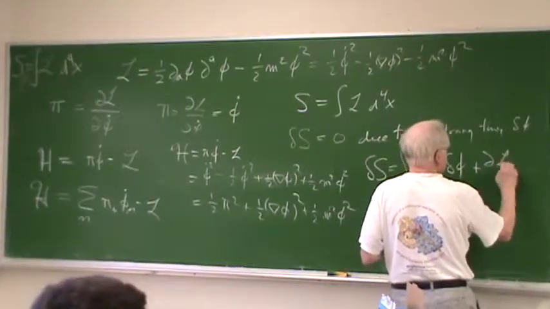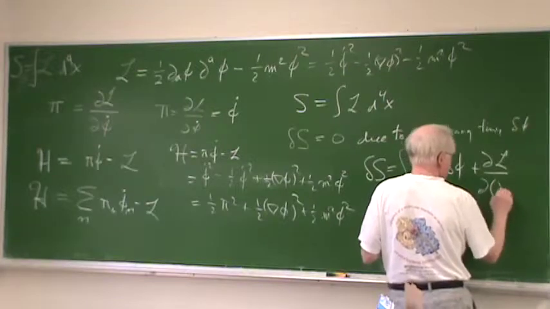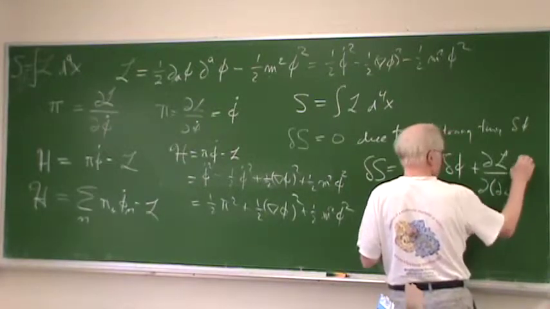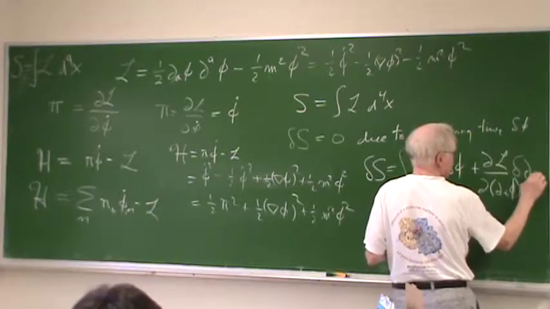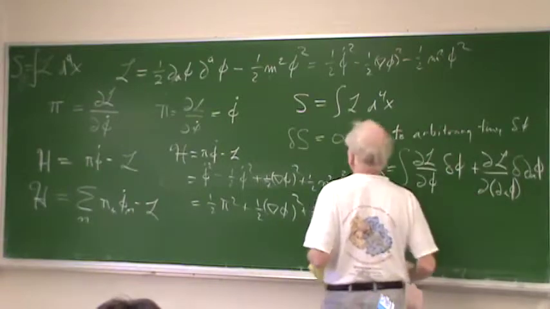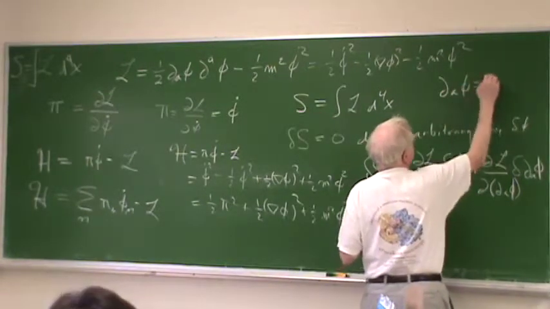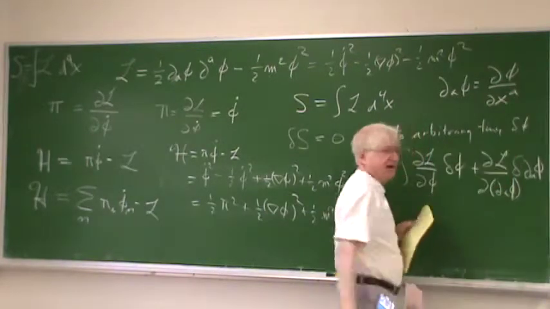And then you take the derivative with respect to, let us say, the a-th derivative of this field, and we need to put in the change in the a-th derivative of the field. So just to make sure we know what we're doing here, ∂_a φ just means ∂φ/∂x^a. Okay?